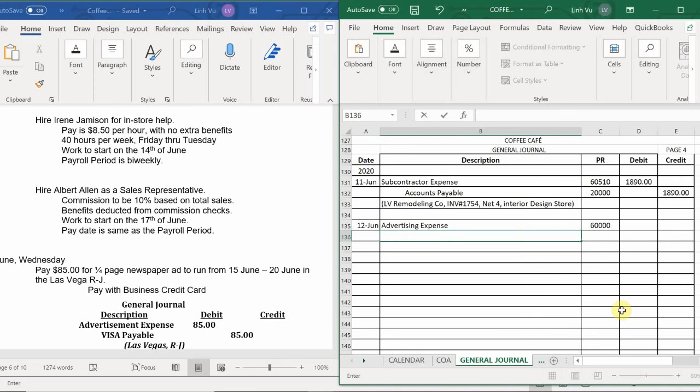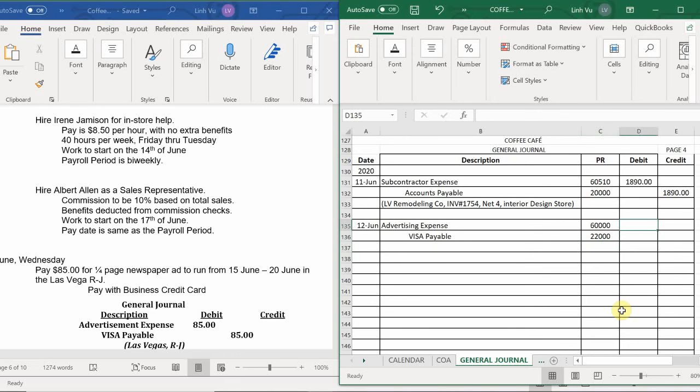So in this case, right? Visa payable is my account. And account number, I think it's 22,000. Right?